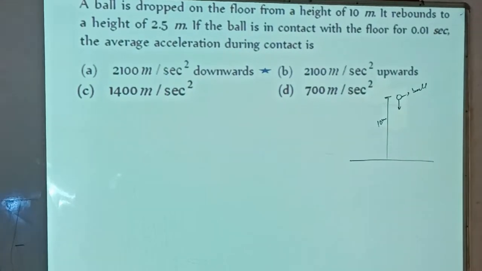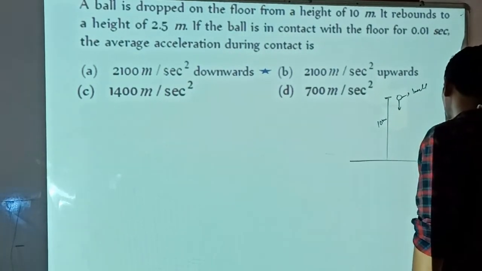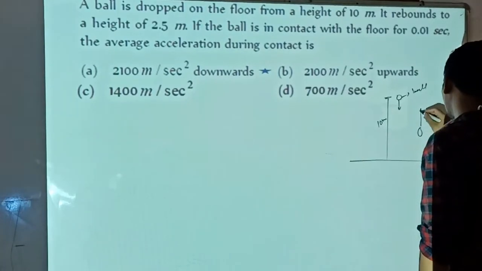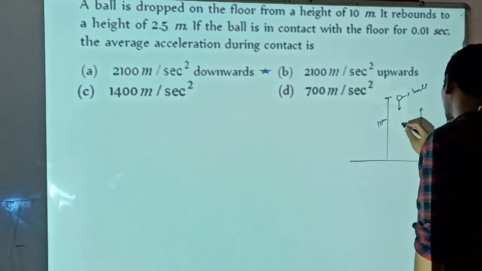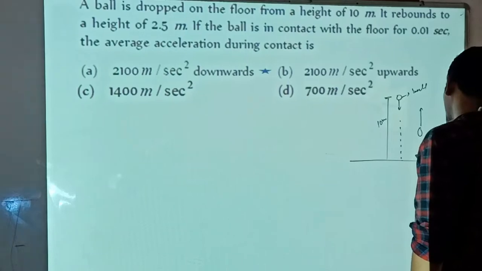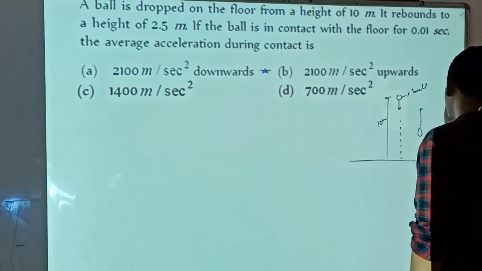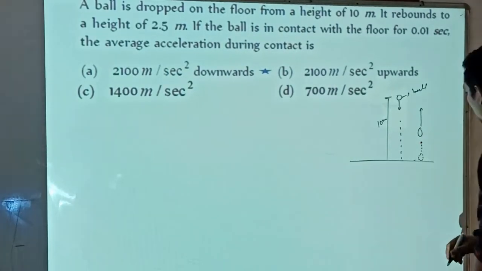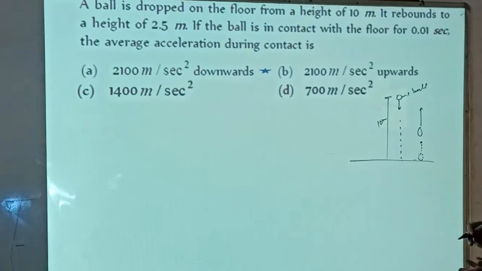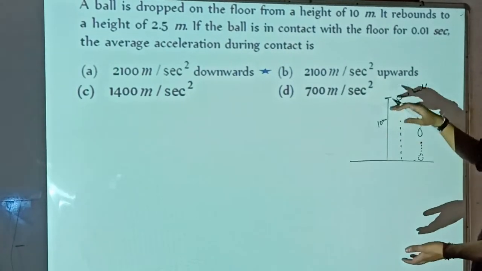The ball is dropped, but after rebound, that is collision. The ball has been dropped from a height of 10 meter.